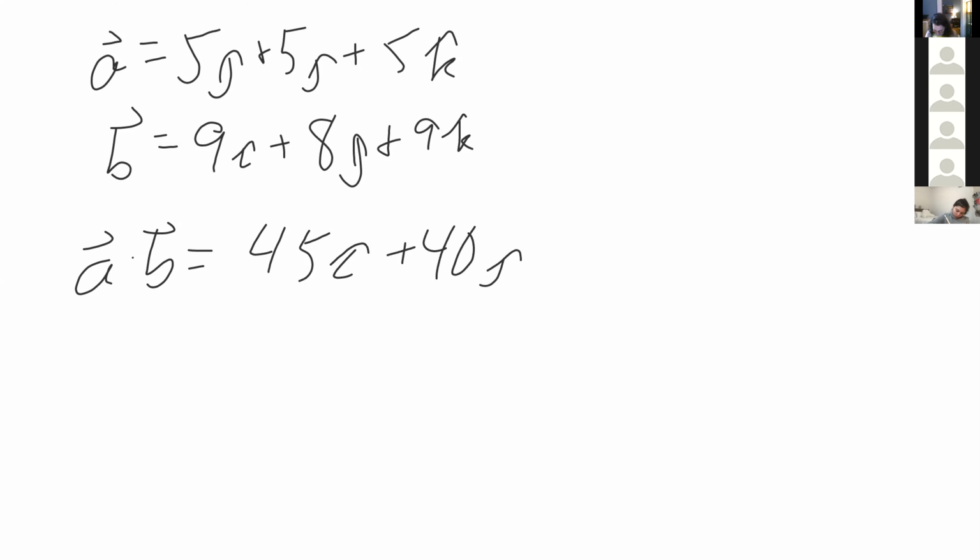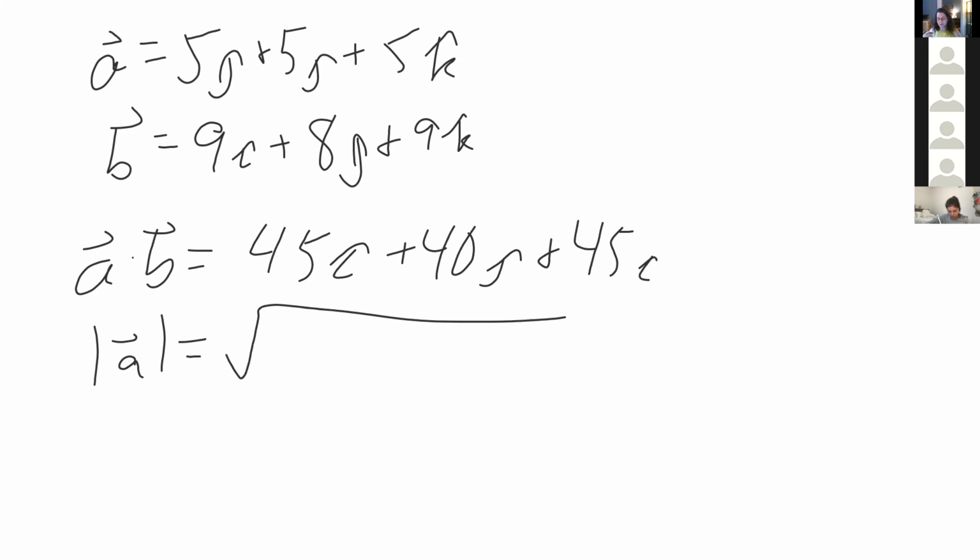And then I said we have to calculate the magnitude of each. As I mentioned at the beginning, but just to reiterate, we can still use the Pythagorean theorem, a squared plus b squared equals c squared. We just put another thing under the radical. So if I need to find the magnitude of a 3-dimensional vector, I just do all the components squared and added together. 5 squared plus 5 squared plus 5 squared.